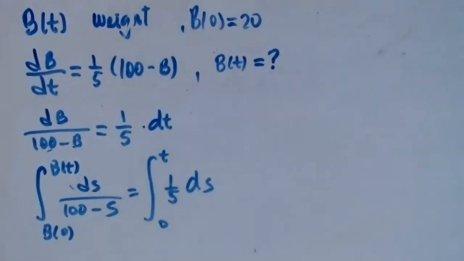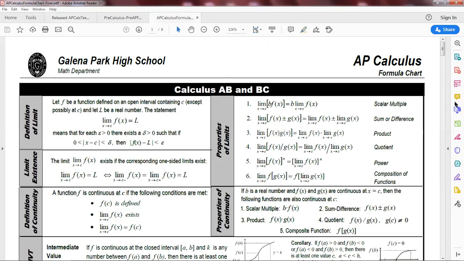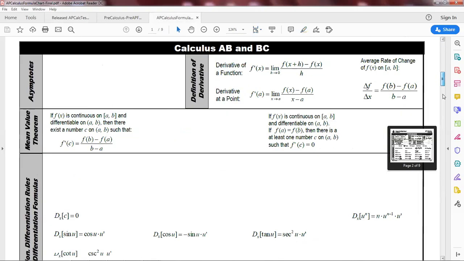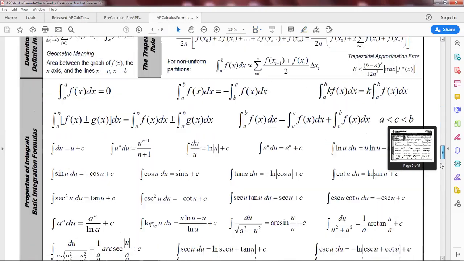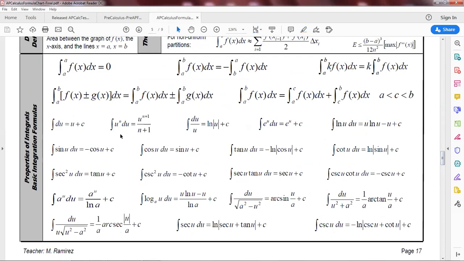A ver, you remember this one? This is a basic integral. Let me just share the screen. Right here. Let me just go to the integrals. Okay, which one of these integrals looks like that one?